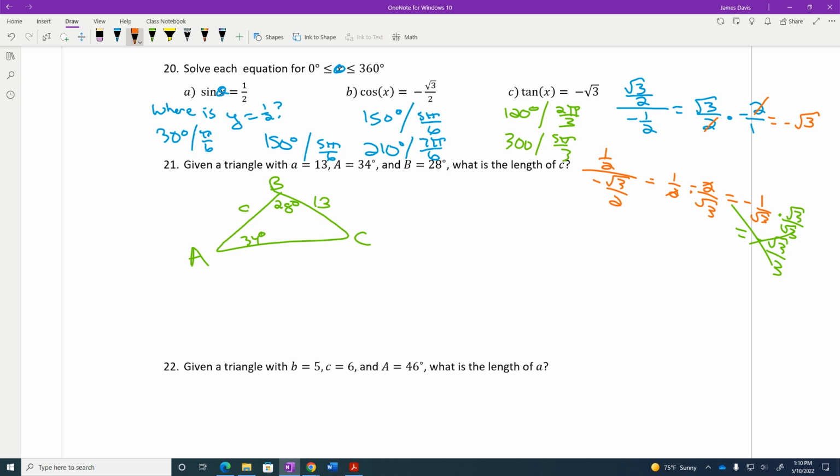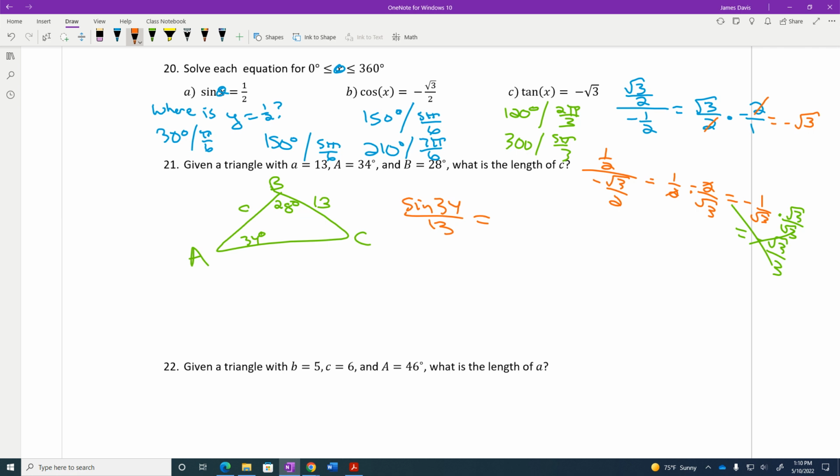Okay, if we're going to know little c, we need to know what big C is, probably, right? We do have a pair. You can see we got big A and little a. So we're going to use that. We're going to use sine of 34 over 13. That's our pair. Well, we've got to have something to match it up with, so we're going to need sine of big C over little c. Big C is not hard to get.